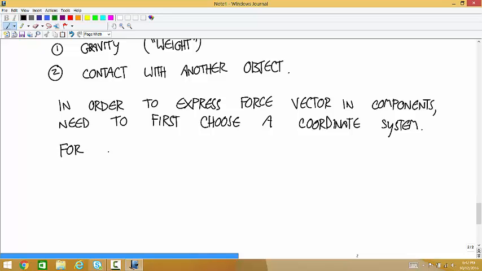So for kinetics, only what are called inertial coordinate systems are allowed.